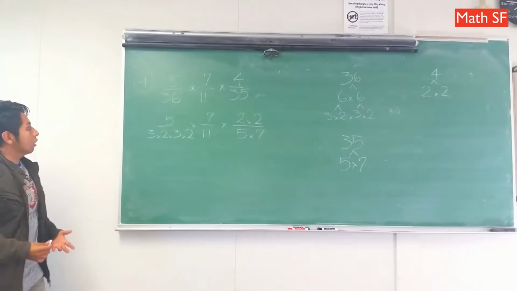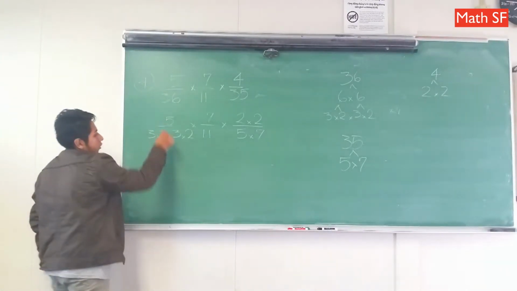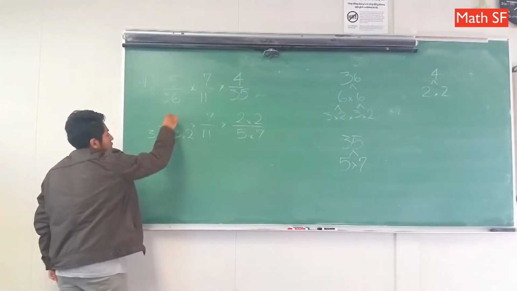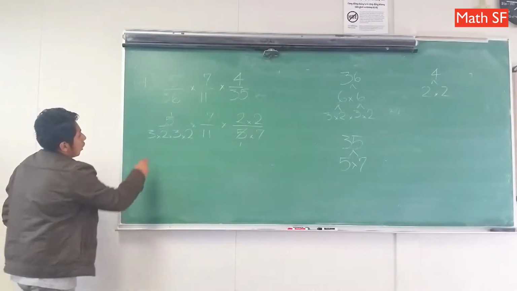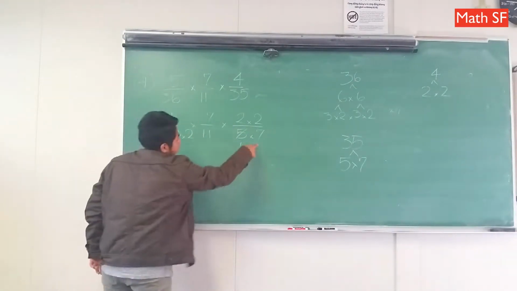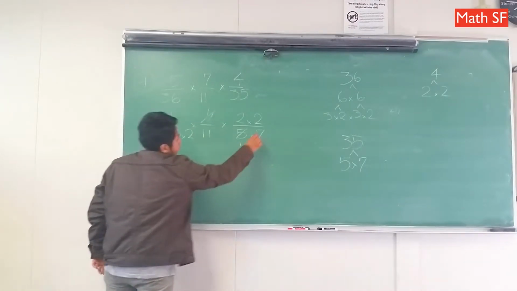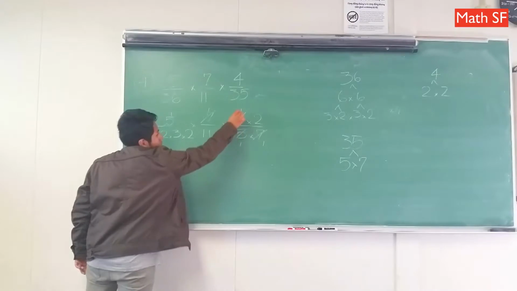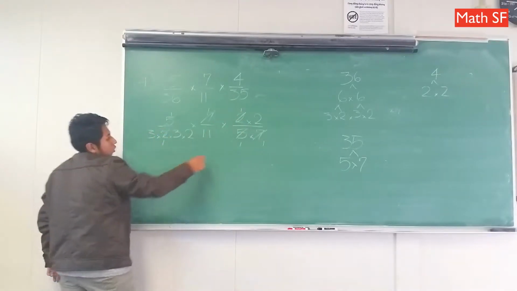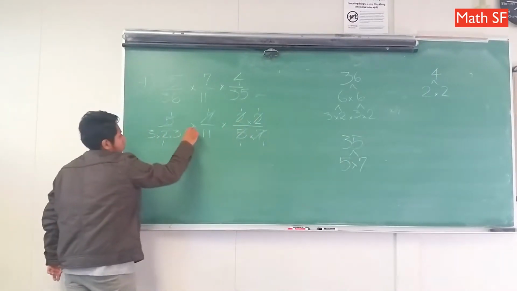Now it's time for us to cancel. So I see a 5 here and another 5 here, so we can cancel them out. There is a 7 and another 7 here. There is a 2 here and another 2 here, and a 2 here and another 2 here.